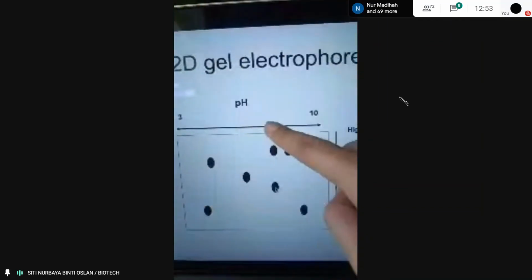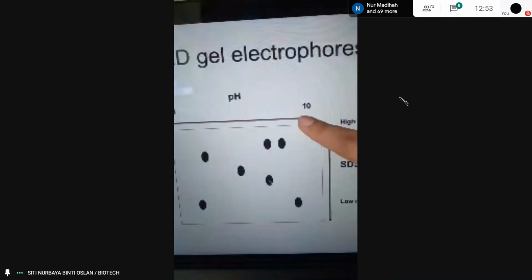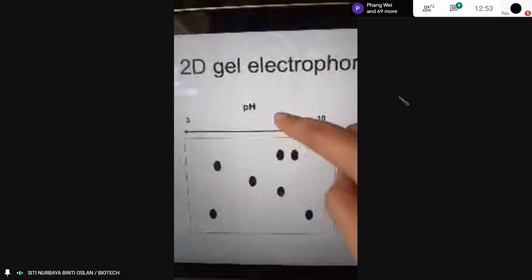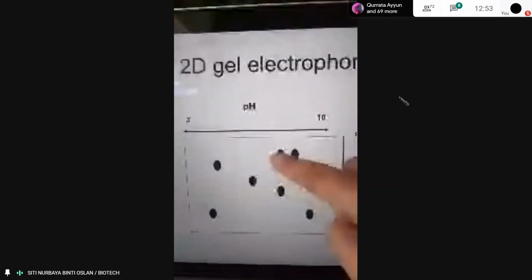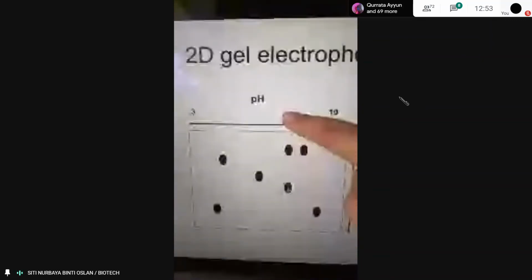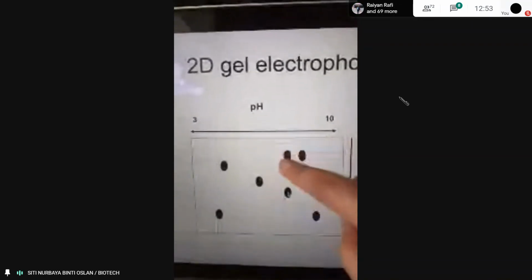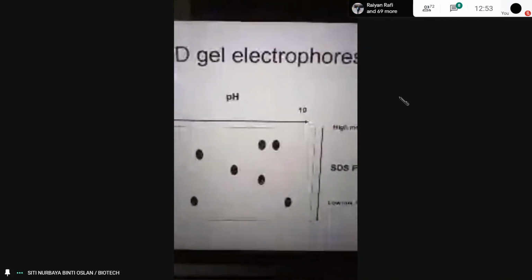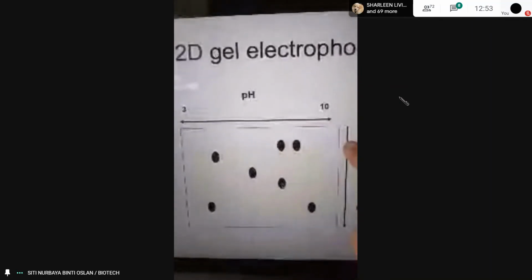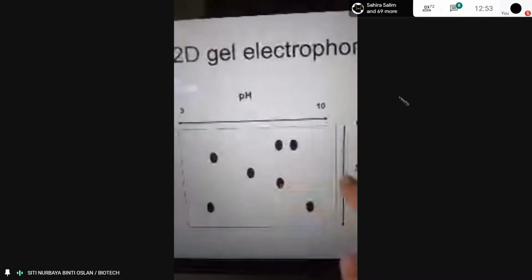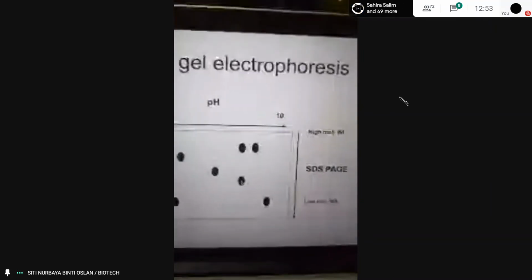But when we separate them, first based on the pI, second based on the molecular weight, then you know that the one band here is actually contributed by two types of protein. Protein with 80 kilodalton, another protein with 40 kilodalton. Okay?